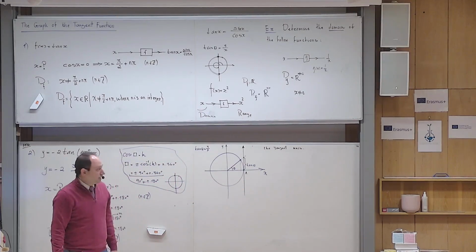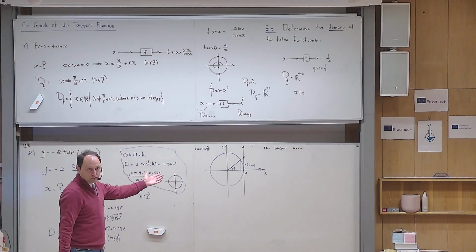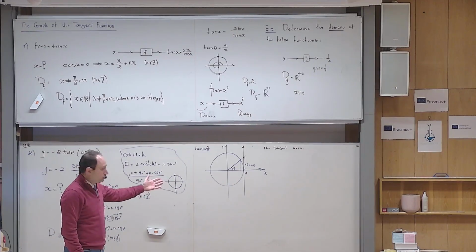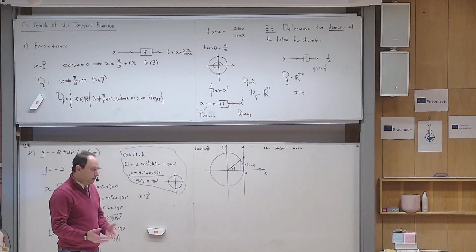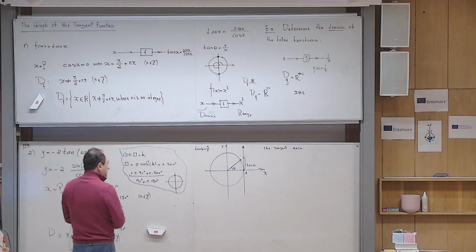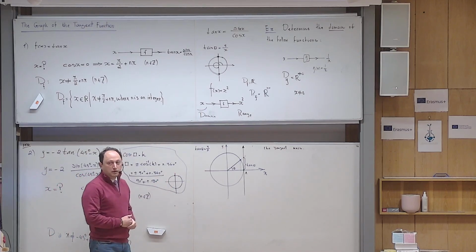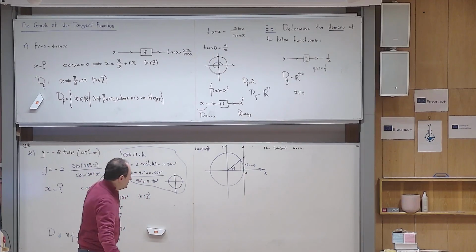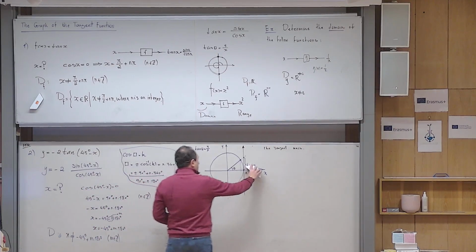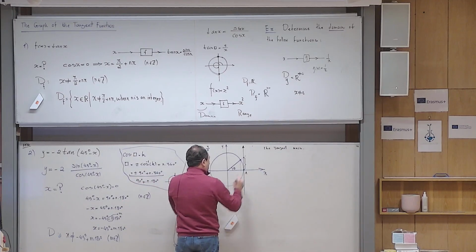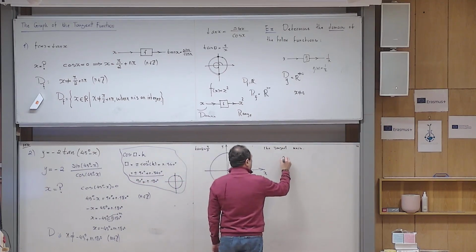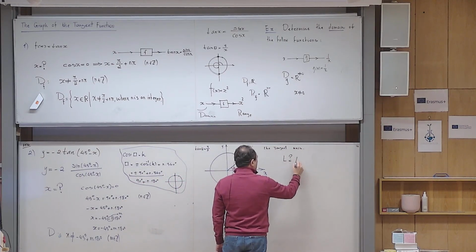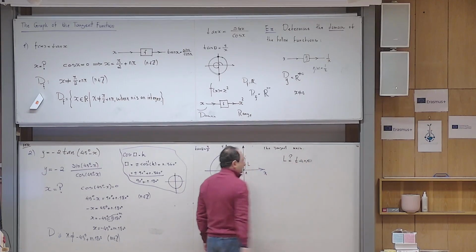I just claim this, but I want to prove it first for you, to show why this works, and then we can explore the consequences. Why do you think it should be tangent? Is the claim clear? Let me call this length L. I want you to tell me why L is equal to tangent theta.